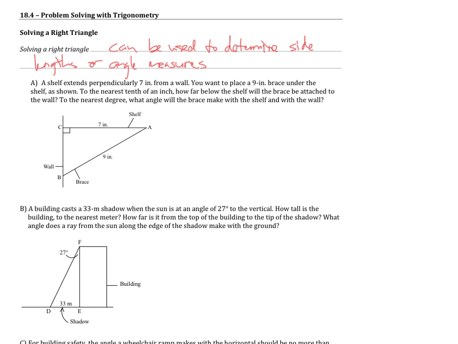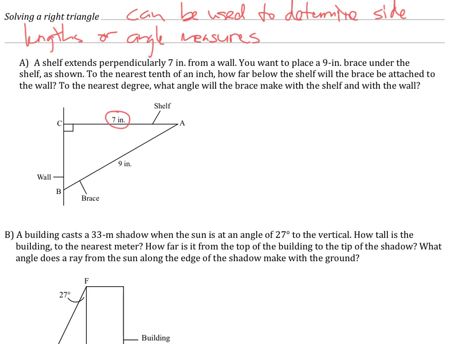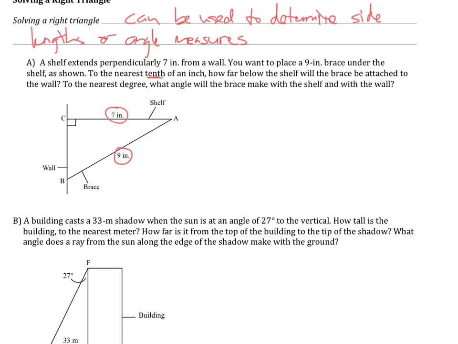So letter A says a shelf extends perpendicularly 7 inches from a wall. So the shelf goes out 7 inches from the wall. You want to place a 9-inch brace, so A, B, is your brace, under the shelf as shown. To the nearest 1/10 of an inch, how far below the shelf will the brace be attached to the wall?